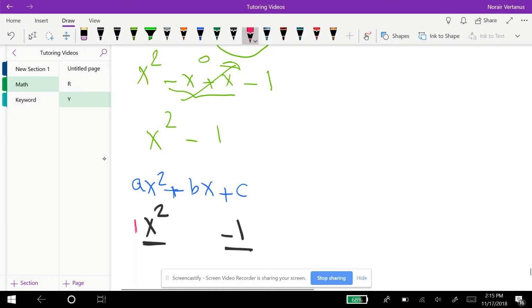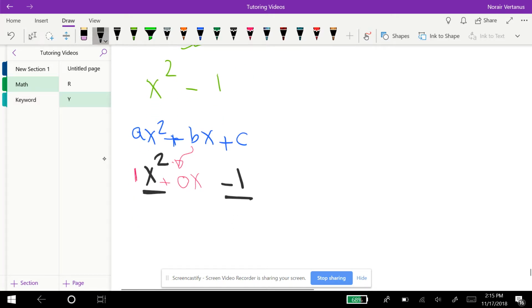So what happened to bx? It's already there, but somehow gone because it's 0x. When we didn't write it, we don't need to write it. That means b is equal to 0, and it's gone from there. That's why it turned into this form, x squared minus 1.